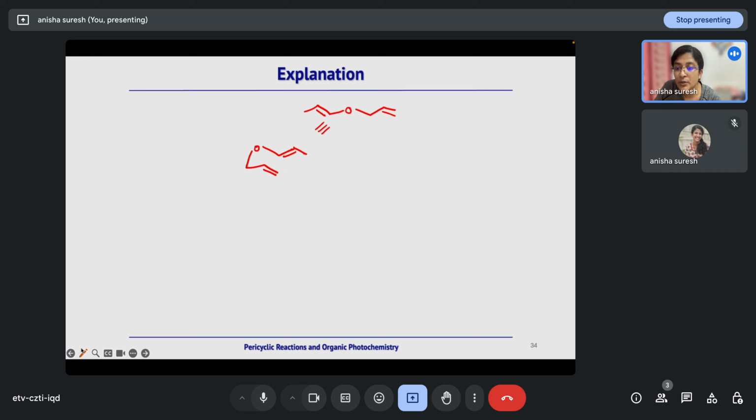So then it can undergo a 3,3 sigmatropic rearrangement or Claisen rearrangement in this fashion, resulting in the formation of this aldehyde.